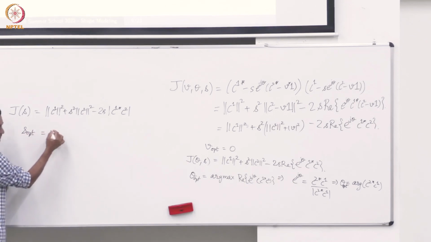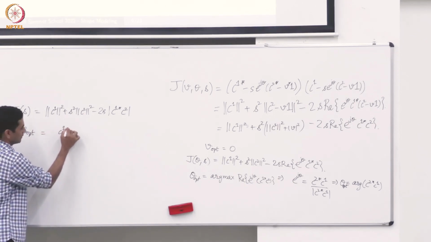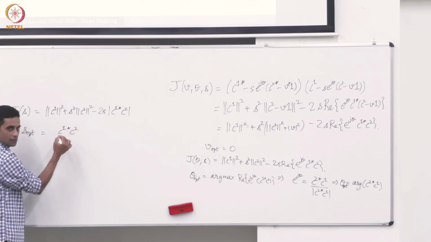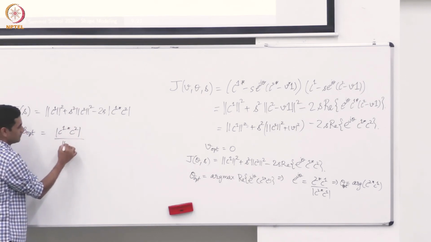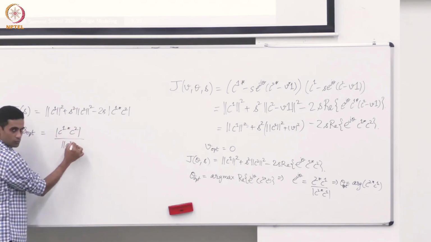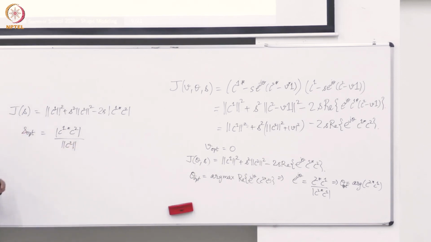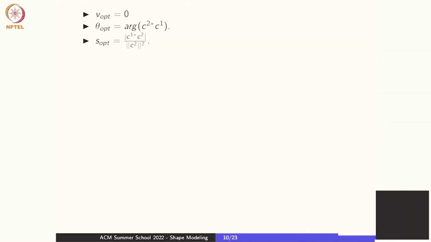S optimal is norm of C2, norm C2 squared. Okay. Fine? Yes.